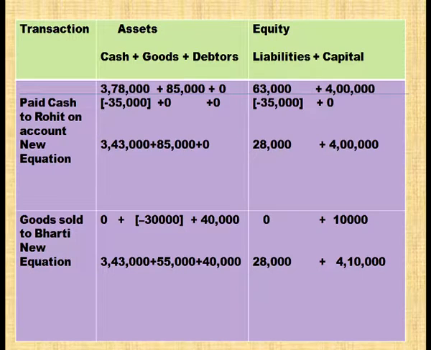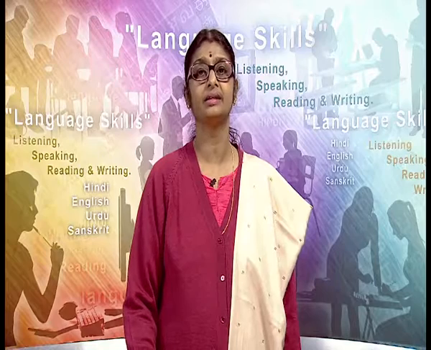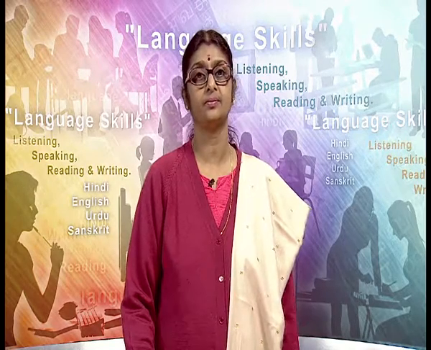Then new accounting equation will be like this. Cash 3,43,000 plus goods 55,000 plus debtors 40,000, that is 4,38,000 on the asset side, and liability 28,000 plus capital 4,10,000. Here also 4,38,000. So accounting equation is satisfied.